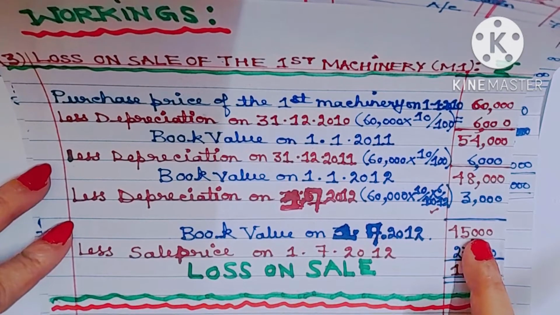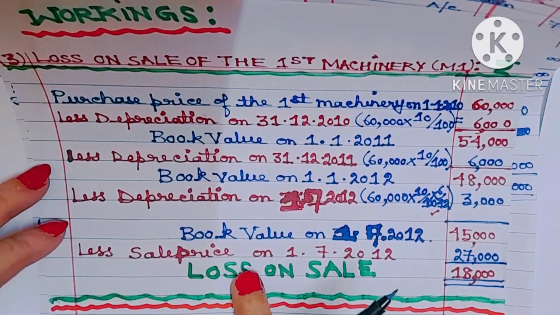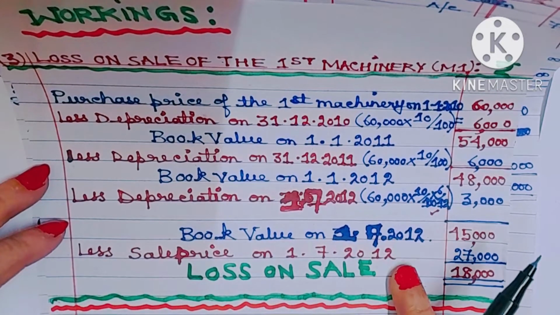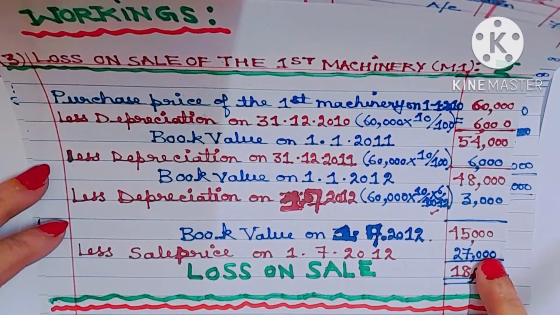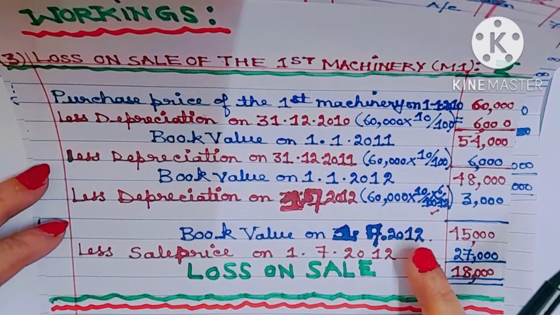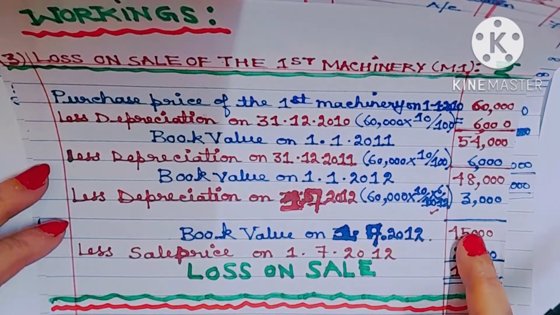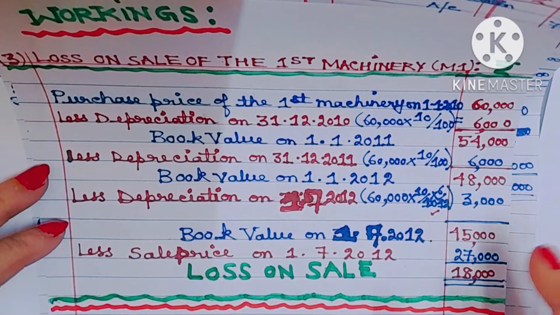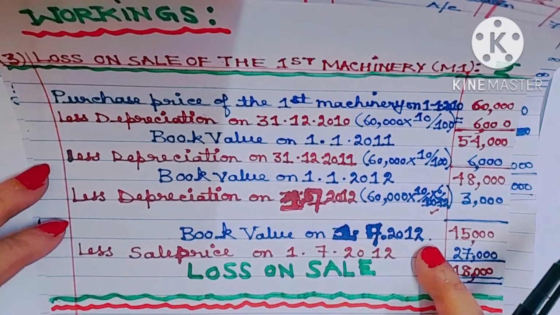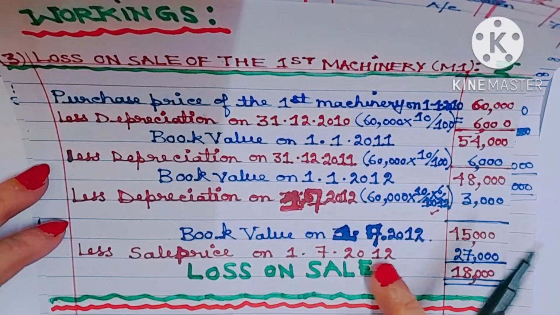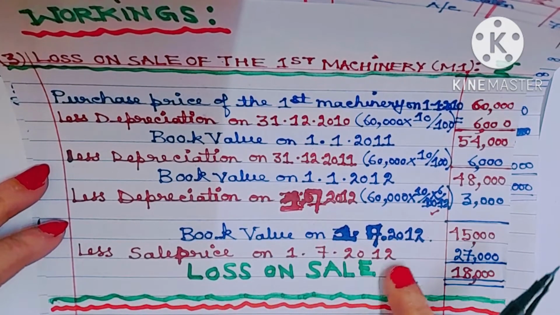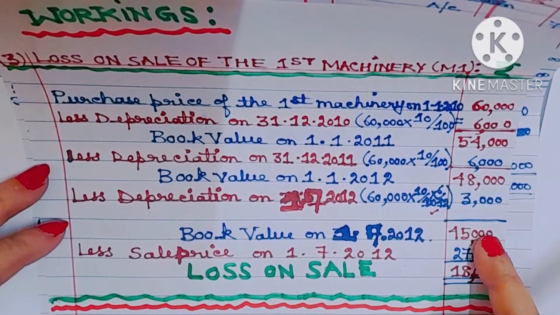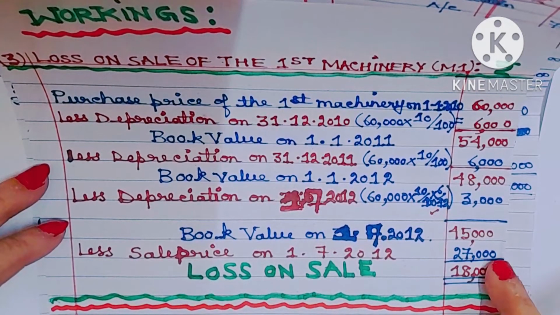Now you got to deduct less sale price on 1st July 2012, 27,000. Sell করেছে কত প্রাইসে? 27,000. When the book value of the first machinery on 1st July was 45,000. তার মানে লস হলো। মেশিনারির দাম ছিল আফটার ডেপ্রিসিয়েশন অন 1st July 2012 45,000, কিন্তু XYZ লিমিটেড ওটা সেল করলো 1st July 2012-এ 27,000. তাহলে what is the loss? 45,000 minus 27,000 is 18,000.